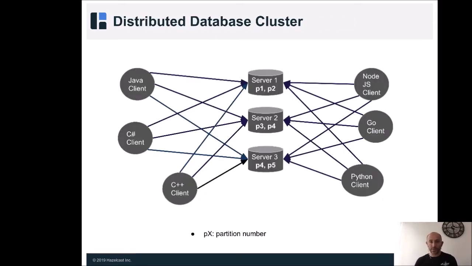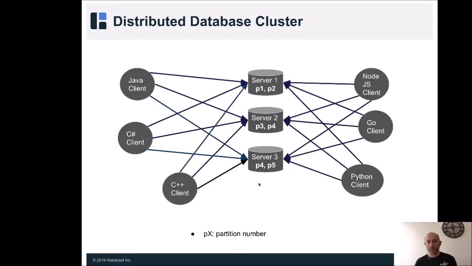So a cluster looks like this, a typical cluster. We have different versions and different language clients, and they all work with these servers. They form a cluster. And P1, P2, P3, and so on are the partitions.